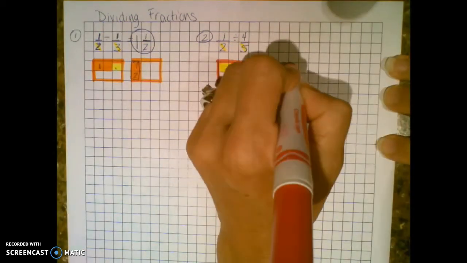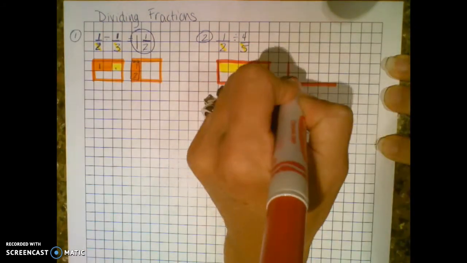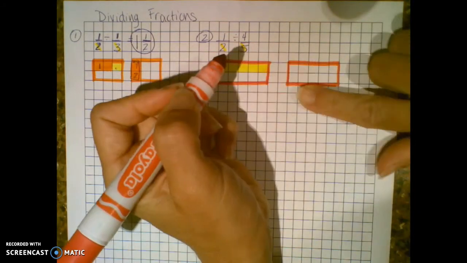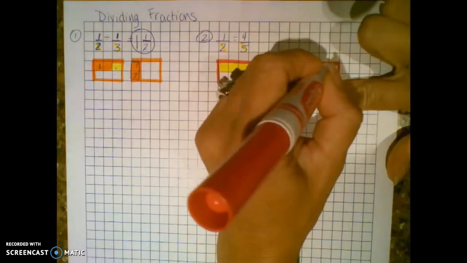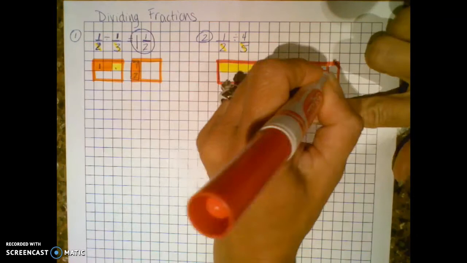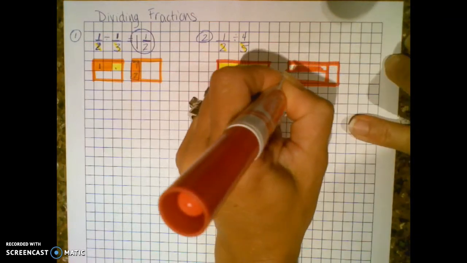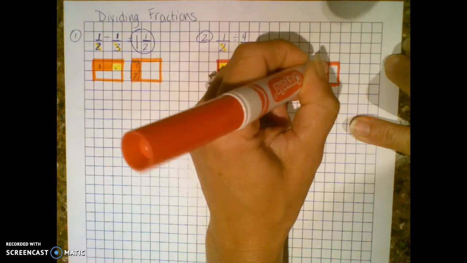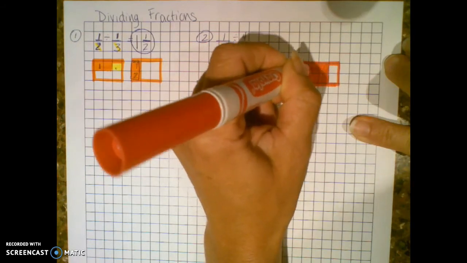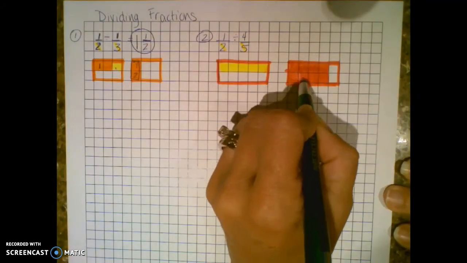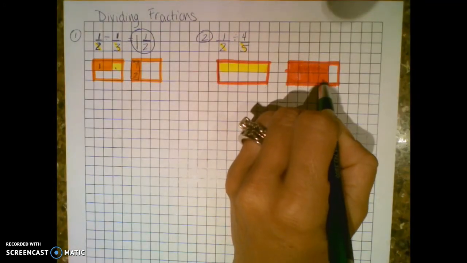So I'm going to redraw my model again. And for each row, I'm going to shade in 4 out of 5. So I've shaded in 4 on the top. I'm going to shade in 4 on the second. And all together, that makes 1, 2, 3, 4, 5, 6, 7, 8 pieces.